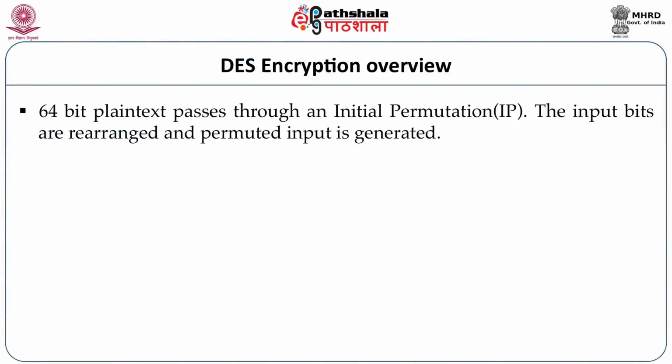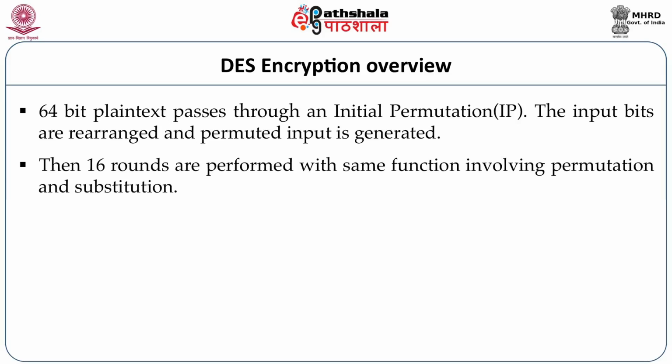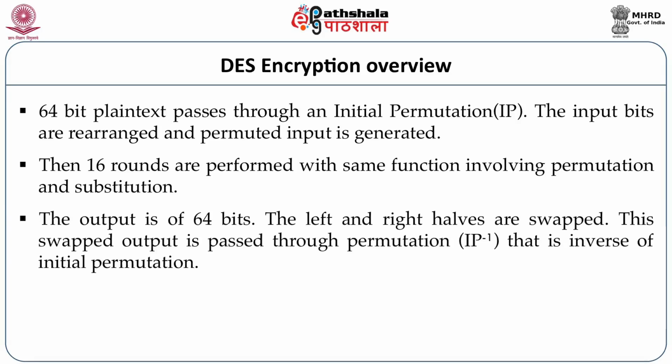Just to give you an overview of the DES encryption algorithm, the 64-bit plain text passes through the initial permutation. Input bits are rearranged in the permutation. Then 16 rounds are performed with the same function involving permutation and substitution. The output is 64-bit.